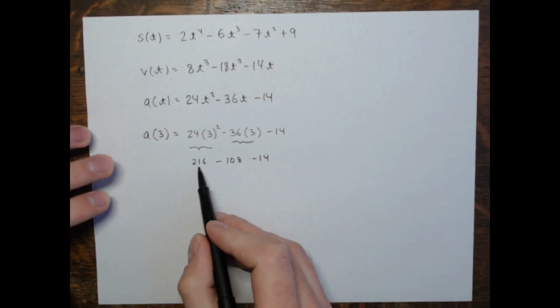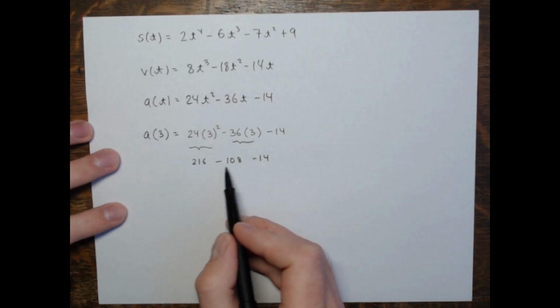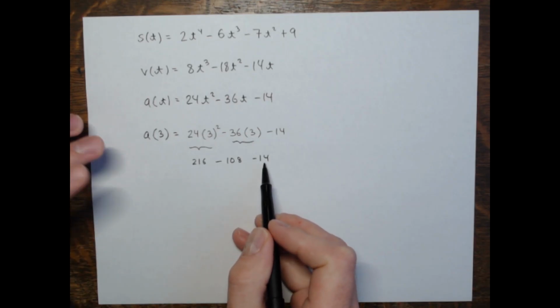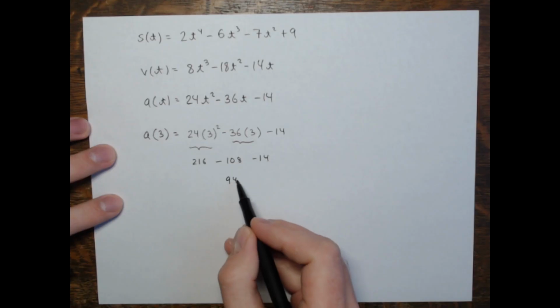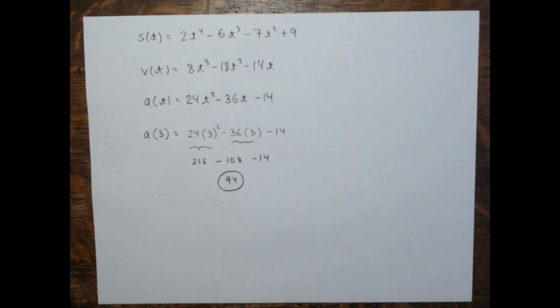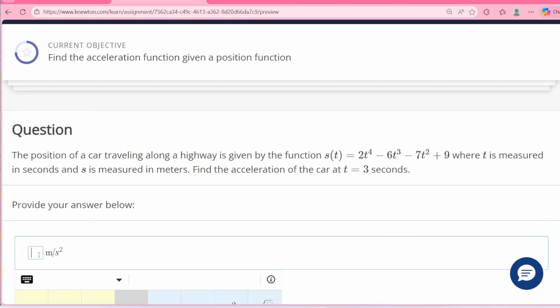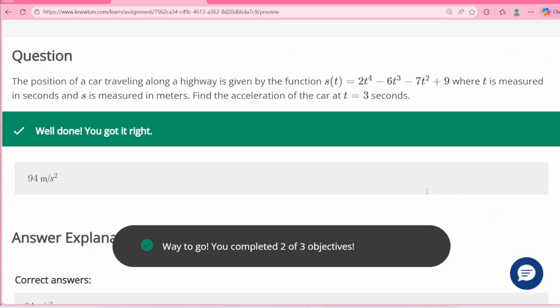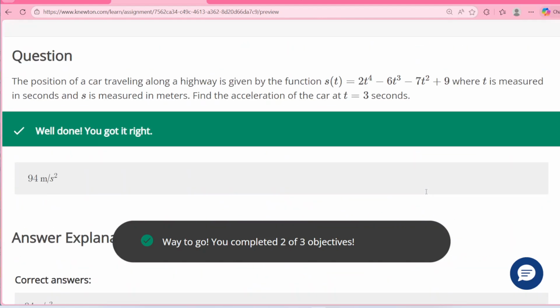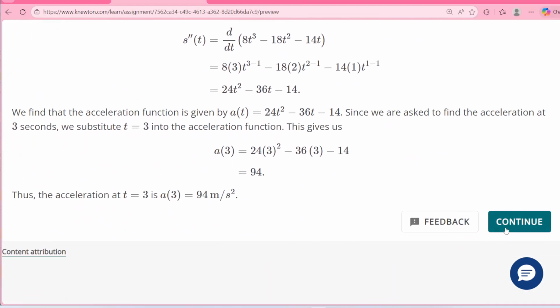So 216 minus 108 is 108, then minus 14 is 94. Positive 94 meters per second squared, right? But I'm just putting in the number 94.